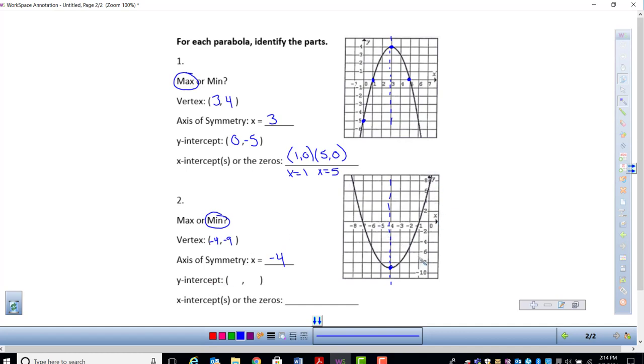Y-intercept, here's my y-axis. It looks like it intercepts right here at 8. So we would say (0, 8). Whenever we're finding the y-intercept, we should have a y number and x is 0. For the x-intercepts, they are at -7 and -1. (-7, 0), (-1, 0). Or x equals -7, x equals -1.